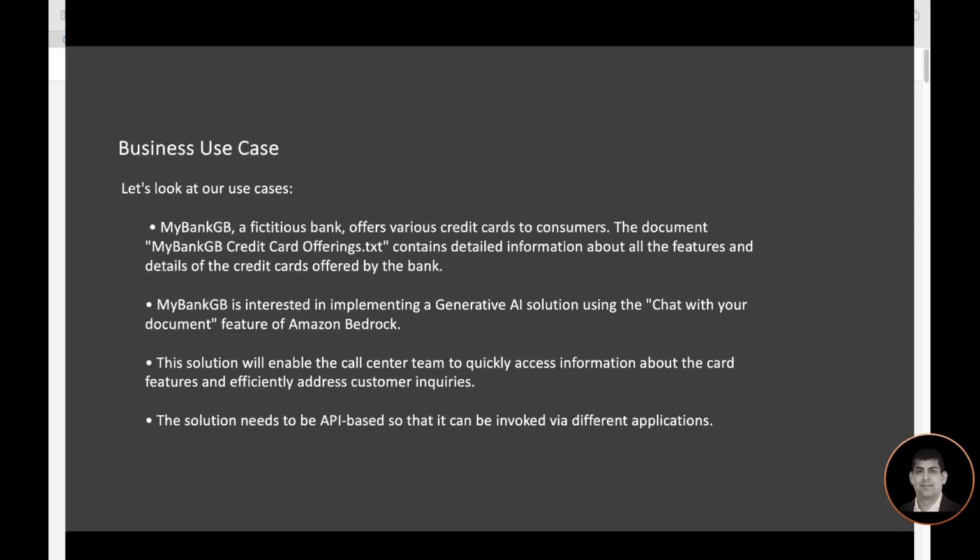MyBankGB is interested in implementing a generative AI solution using the chat with your document feature of Amazon Bedrock. The solution will enable the call center team to quickly access information about the card features and efficiently address customer inquiries. The solution needs to be API based so that it can be invoked via different applications.